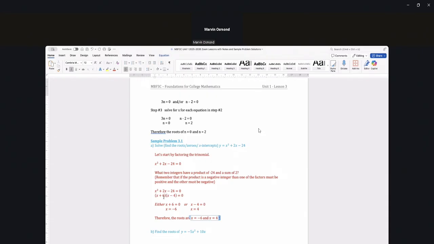So if I were to graph this equation here, y equals x plus 6 times x minus 4, come over here, and I graph y equals x minus 6 times x plus 4.